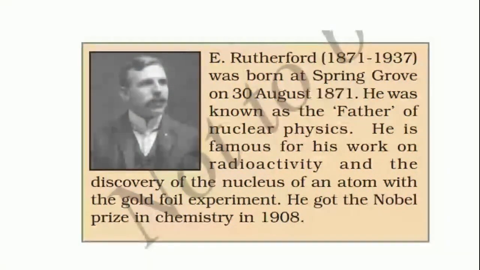Ernest Rutherford, 1871 to 1937, was born at Spring Grove on 30th August 1871. He was known as the father of nuclear physics. He is famous for his work on radioactivity and the discovery of the nucleus of an atom with the gold foil experiment. He got the Nobel Prize in Chemistry in 1908.